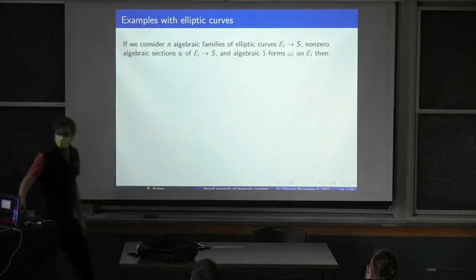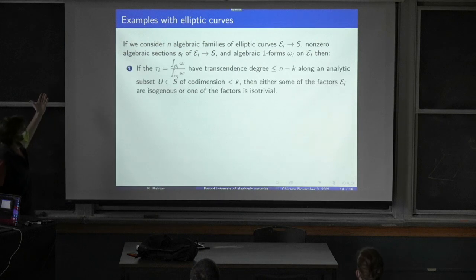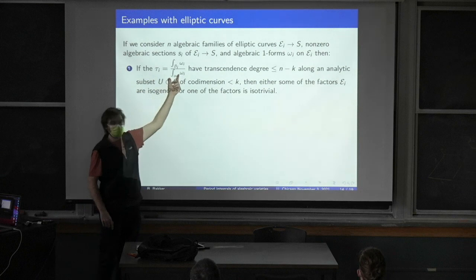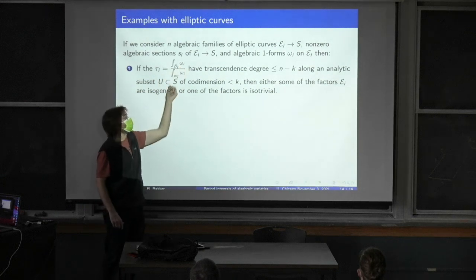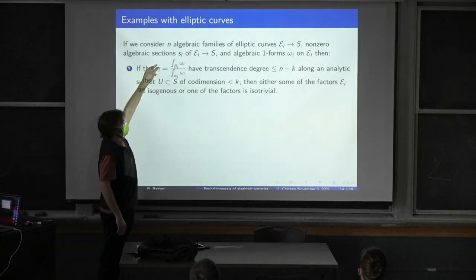The transcendence statement that the first kind of theorem gives you concerns these taus, these ratios of the periods. We can now identify what this tau is.